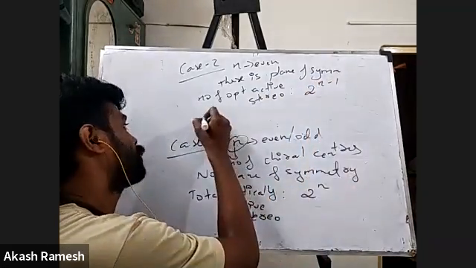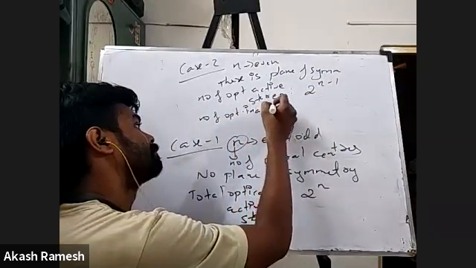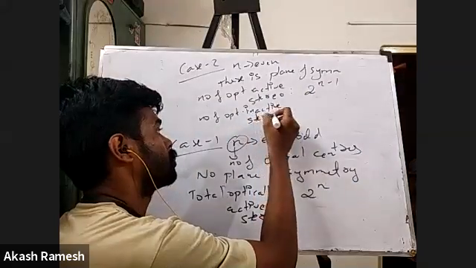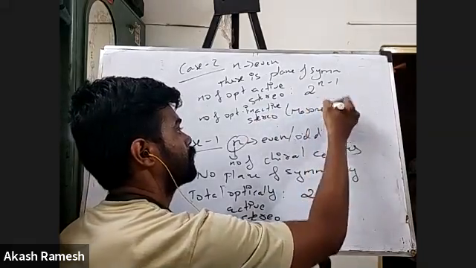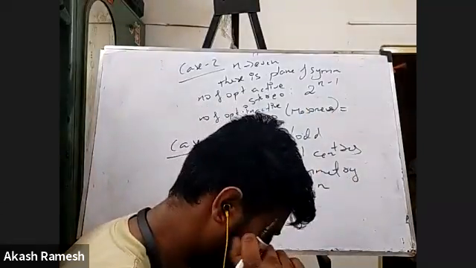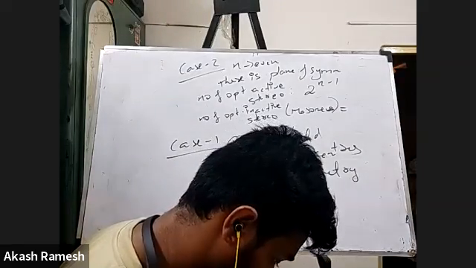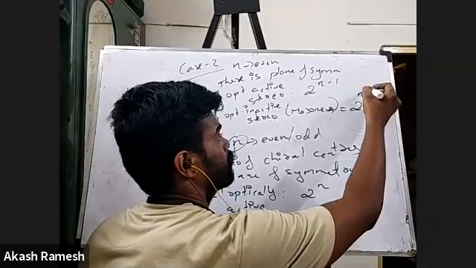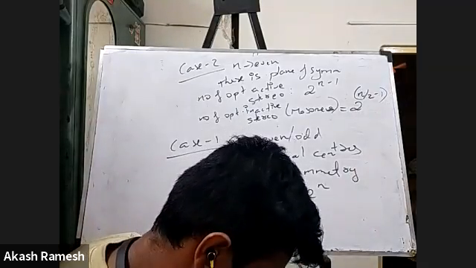And the number of optically inactive stereoisomers, that is my mesomers, would be 2 power n by 2 minus 1.